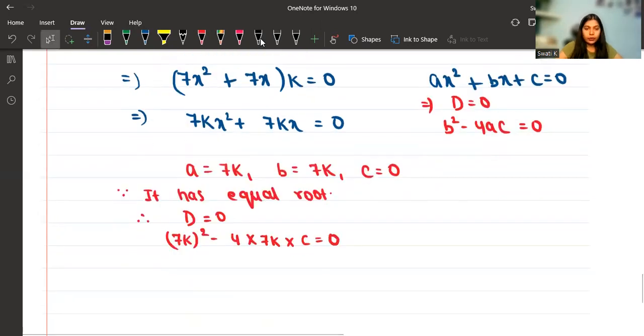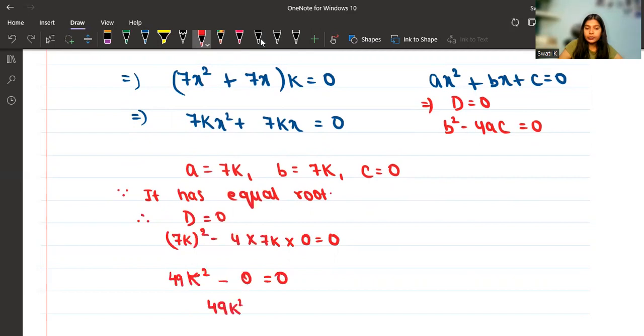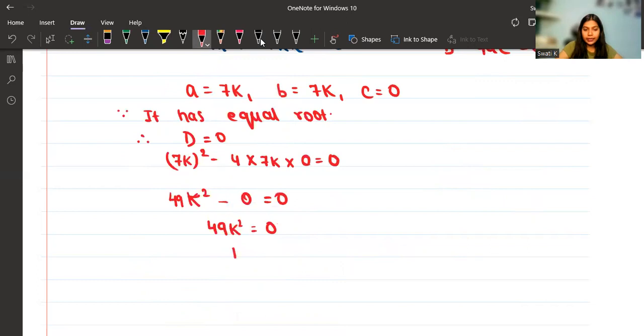So now we are getting 49k square, and c is 0, so this is 0 equals 0. So from here, 49k square equals 0, that means k square is 0, and if k square is 0, that means k is 0. So we got the value of k, which is 0, right?